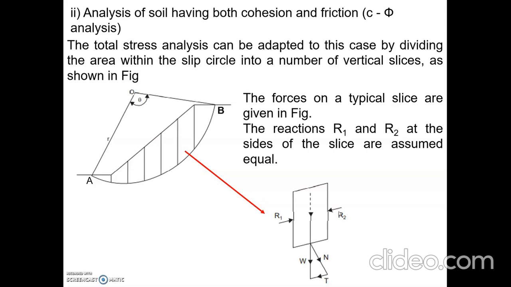Since R1 is equal to R2, they will cancel out. And the remaining forces acting on slice 2 will be the weight which is acting downward. N is the normal component and T is the tangential component.